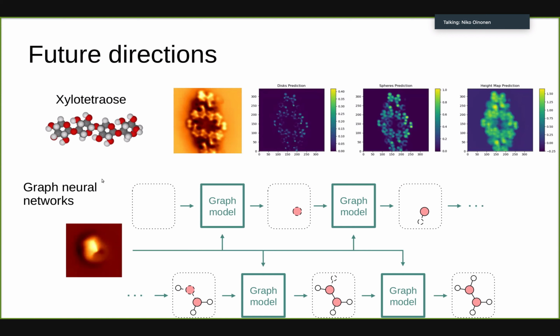And then lastly, we have also been looking at some different types of machine learning models that we could use, specifically these graph neural networks, where we have been developing a model where the idea is that we take the AFM image set and then iteratively produce a graph corresponding to the geometry of the molecule that we see in the image, so that at each step we add some atom and some bonds to the graph, and then finally the model at some point decides that okay, this is now complete.